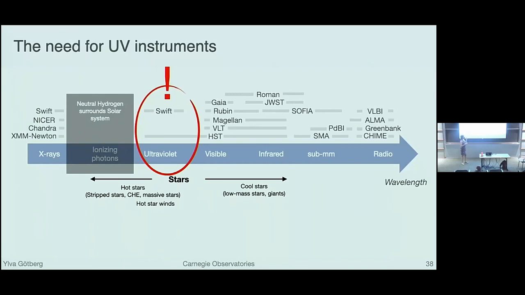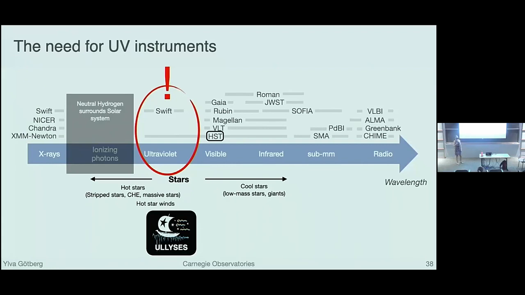Swift has a photometer and it's still alive, but it's not a spectrograph. HST is old, as you know. Soon we have nothing. So there has been great effort with the ULLYSES survey of collecting spectra of massive stars in the ultraviolet and actually doing careful work here.